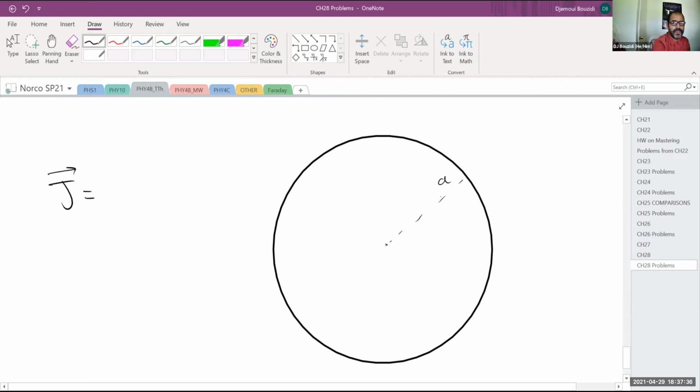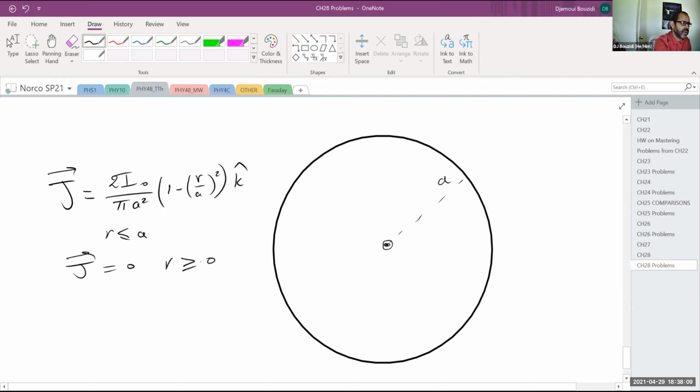So it is equal to 2 I naught divided by pi A squared times 1 minus r over A squared in the k hat direction, which is coming out of the screen, for r less than or equal to A, and it is equal to 0 for r greater than or equal to A.